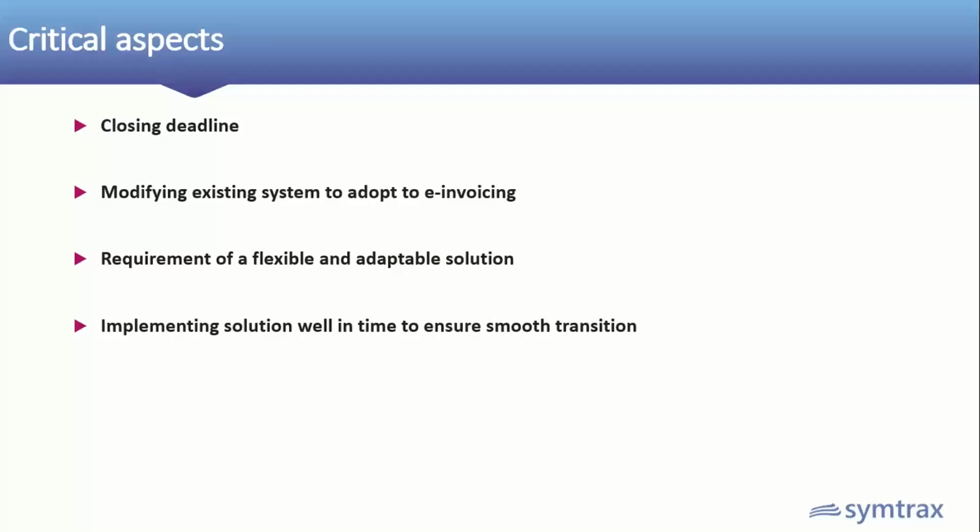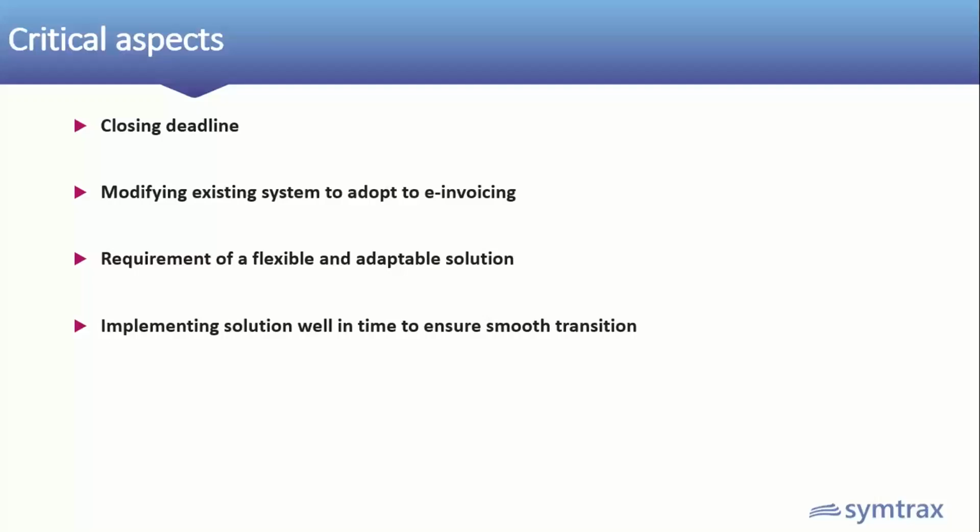Another aspect to be considered here is the modification of your existing system to adapt to e-invoicing. What parameters are present in the existing files? What is missing? If something is missing, how do we make sure that it comes as a part of the JSON which goes to the portal? Either we query that from your system, or you have to make changes to the layouts. This is something which is important to consider.